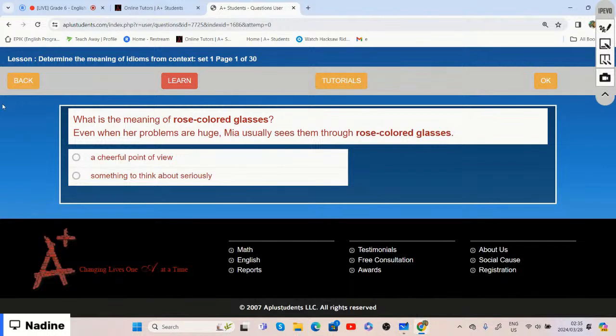It says, even when her problems are huge, Maya always sees them through rose colored glasses.